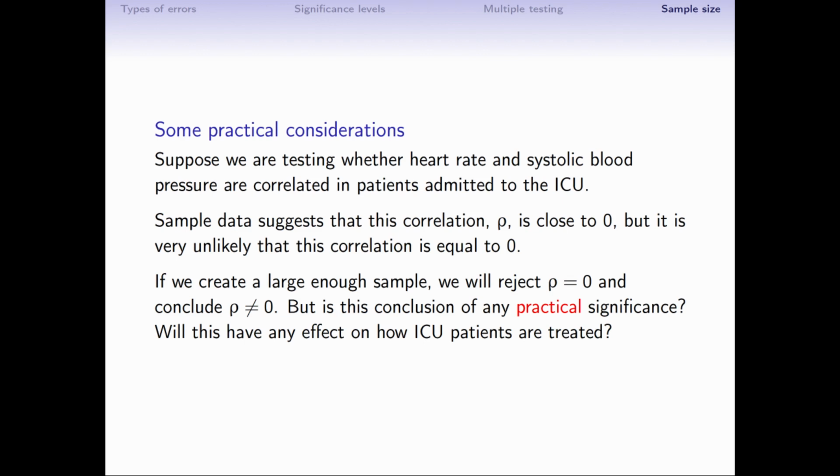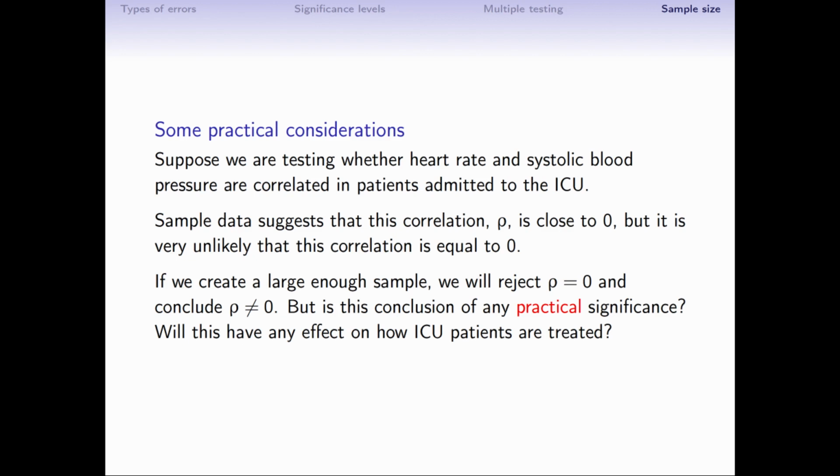So as our last exercise shows us, if we create a large enough sample, we will almost certainly reject the null claim that rho is equal to zero, and will find support for the alternative hypothesis that rho is not equal to zero. But is this conclusion of any practical significance? Will this have any effect on how ICU patients are treated?